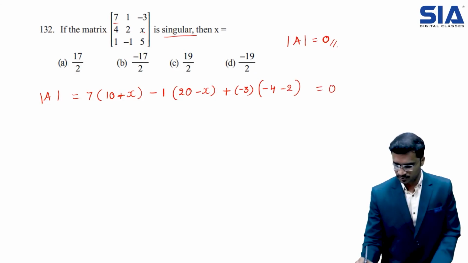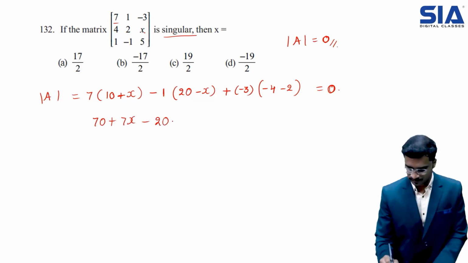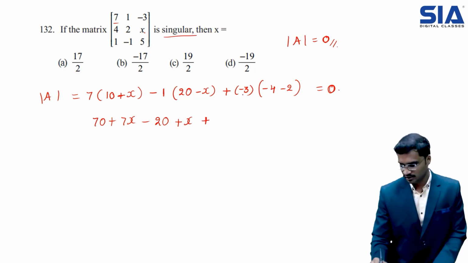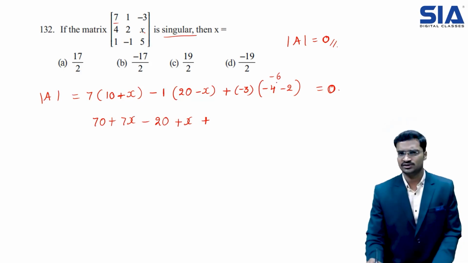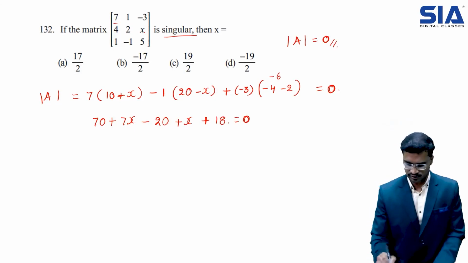The value of this should be equal to 0. So 7 10s are 70 plus 7x minus 20 plus x plus 3, this value is minus 6. So minus 3 into minus 6 will become plus, 6 3s are 18. So this value is 18. Then this is equal to 0.